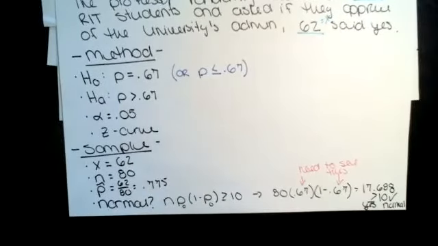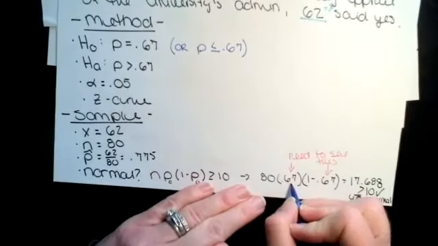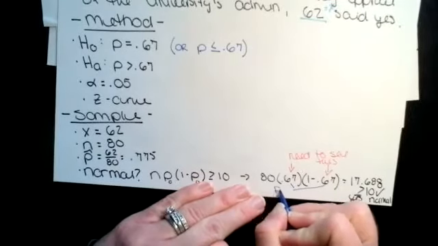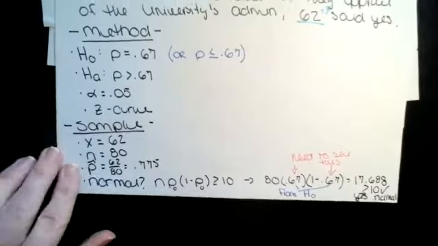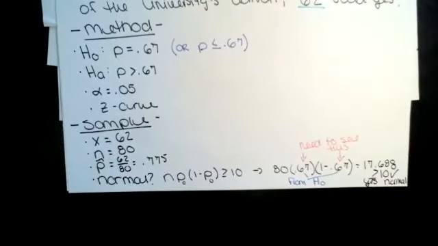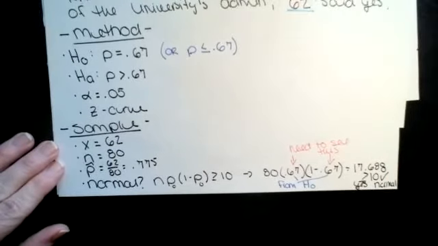I need to see that number you're plugging in. Remember, that is from the null. This and this are from my null. It's such a common mistake to use p-hat there. It's right there. You just calculated it. It's so simple just to go up and use that, but that's not correct.